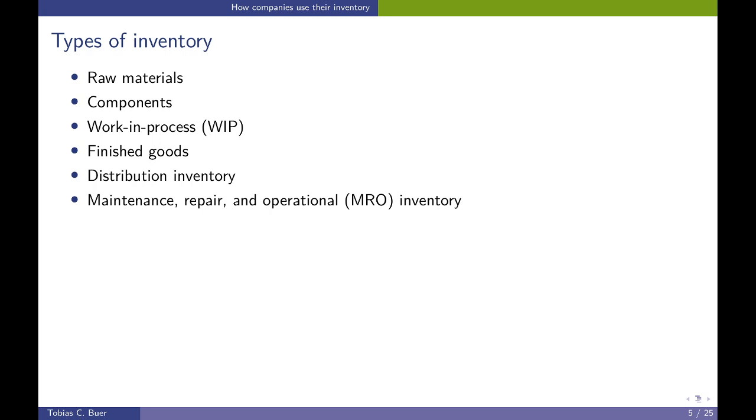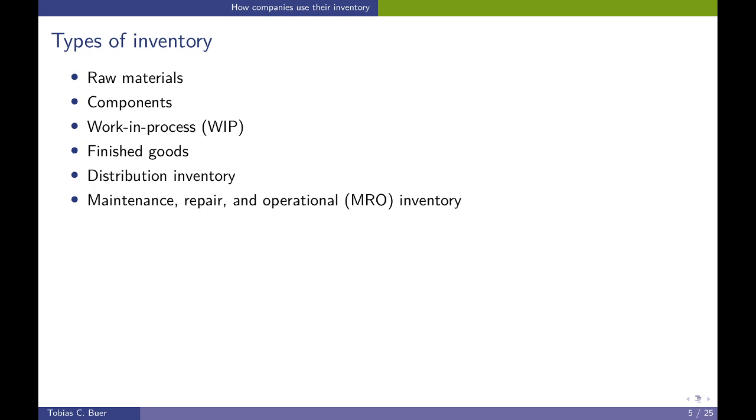A company manufactures a product, and in particular when this is a longer manufacturing process, for example an airplane, then all the items that are required to build this airplane and that are already within the not yet finished airplane, which are already assembled, which are already manufactured, this is considered the work in process.